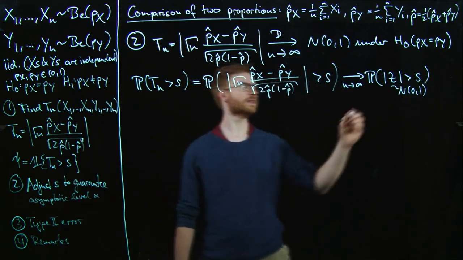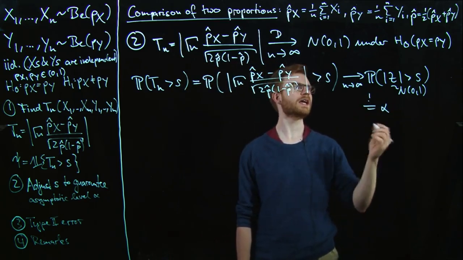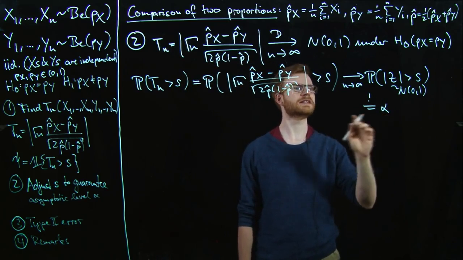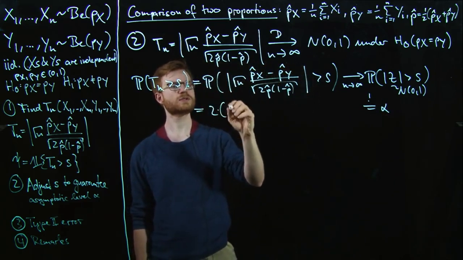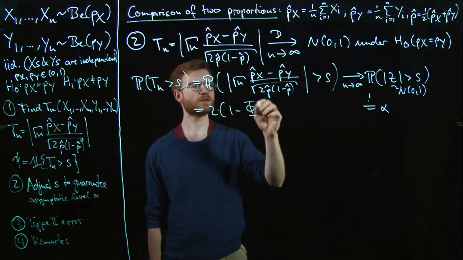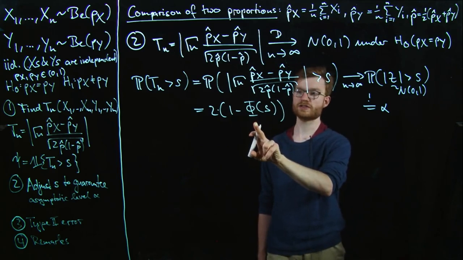Right. And we want this to be alpha. And another way to write this is 2 times 1 minus phi of s, where this is the CDF of a standard normal random variable.